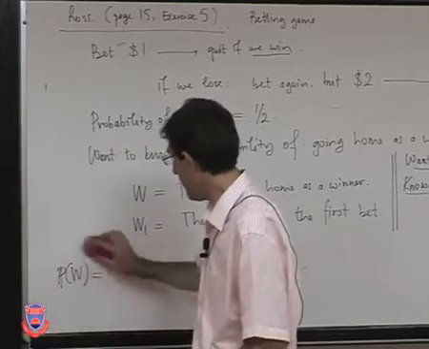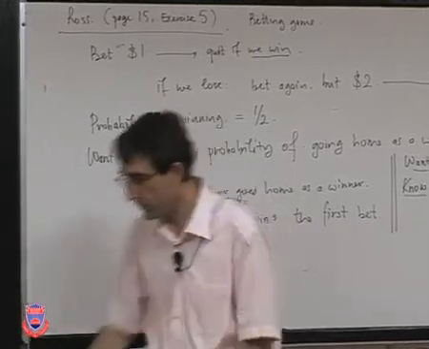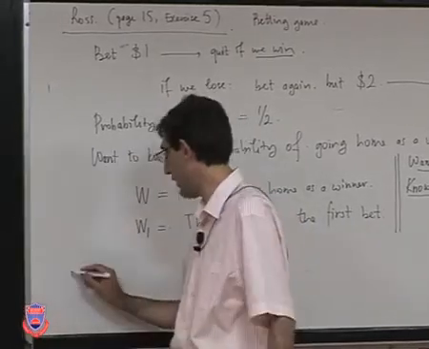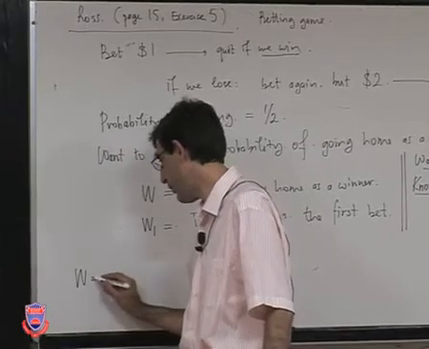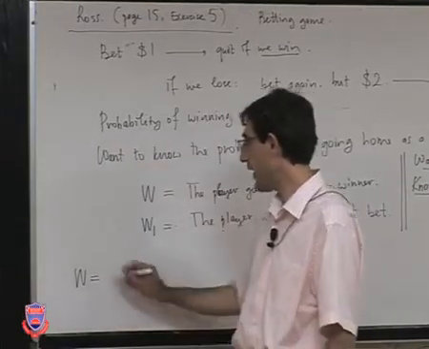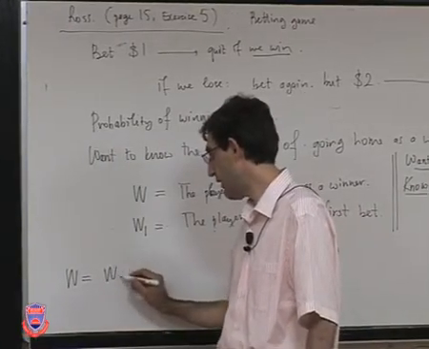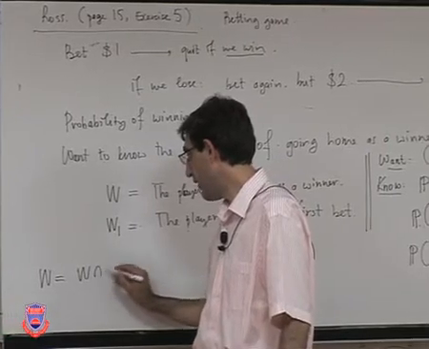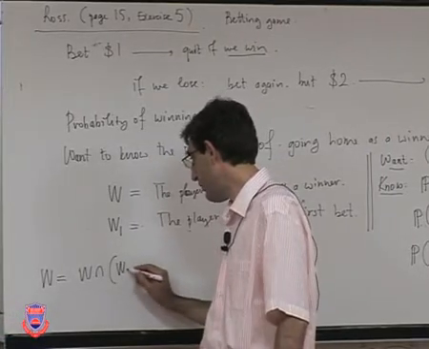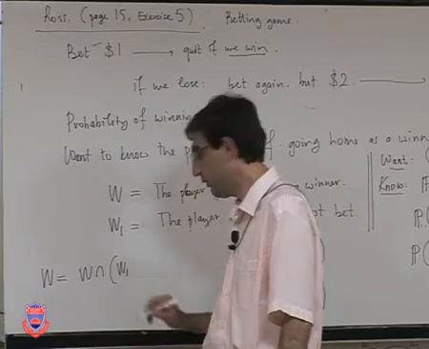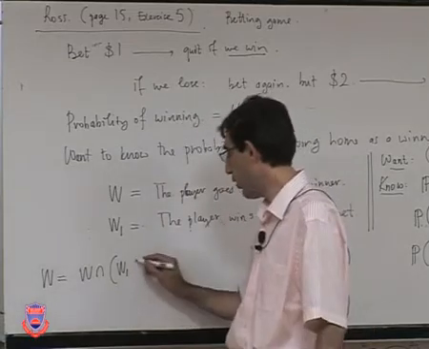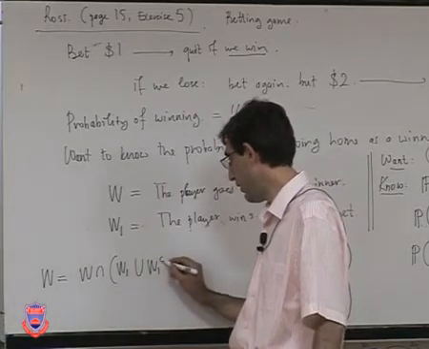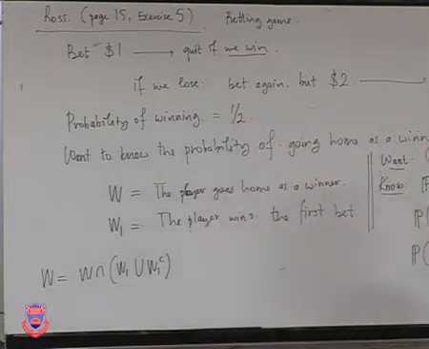Even before you worry about the probability, just look at the event itself. Going home as a winner can happen in two ways. Either we must have won the first bet, or we must have lost the first stage.